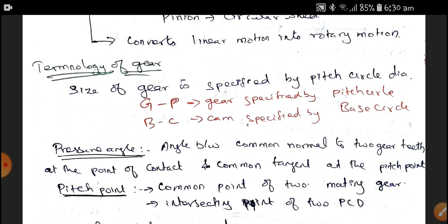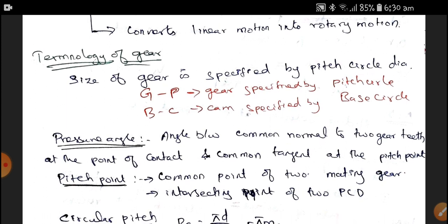Here, the pressure angle is the angle between the common normal to two gear teeth at the point of contact and the common tangent at the pitch point. So this is called the pressure angle.